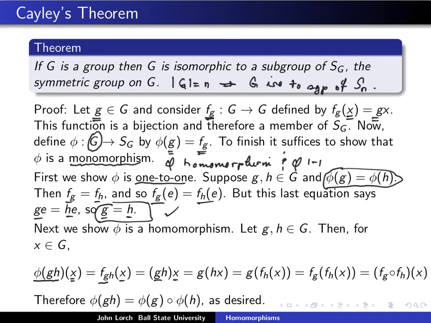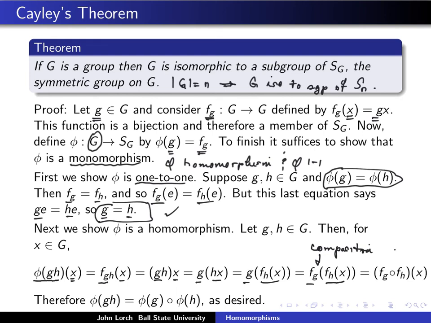But by associativity, that's the same as g times hx, which is g times f sub h of x. But multiplying by g on the left is the same as applying the function f sub g, and then that's applied to f sub h of x. So this is a composition of functions right here. So that's f sub g circle f sub h of x.